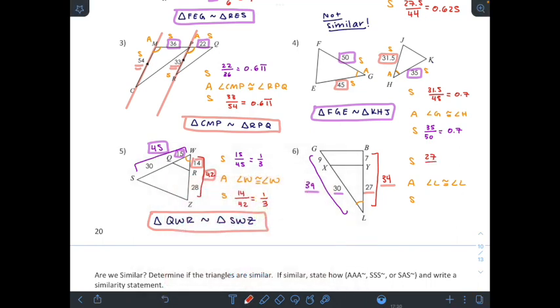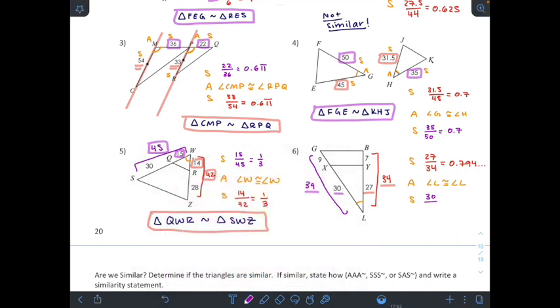So then let's go through and check those ratios. So 27 over 34. Let's see what that's equal to. Kind of a weird number. I'm curious how this turns out. 0.794, and then it goes on forever. So I'm not entirely sure on that one. We'll see.